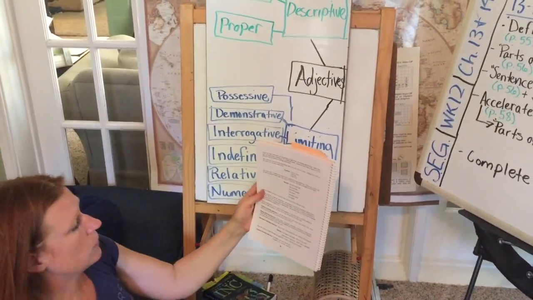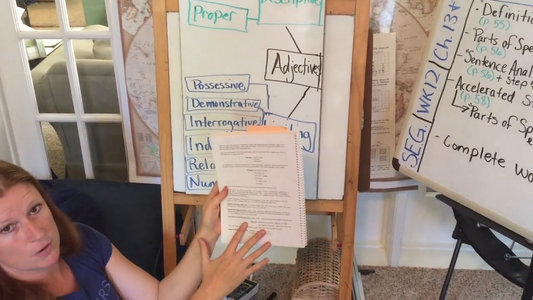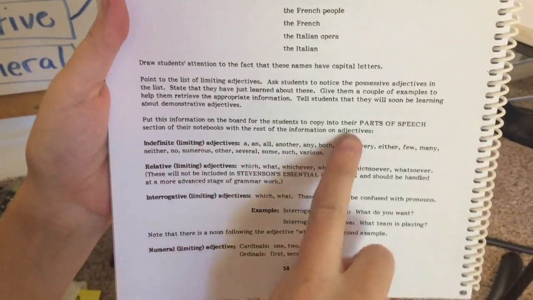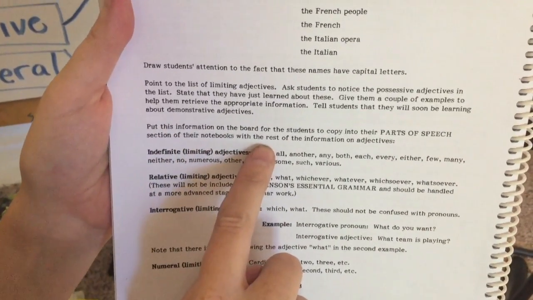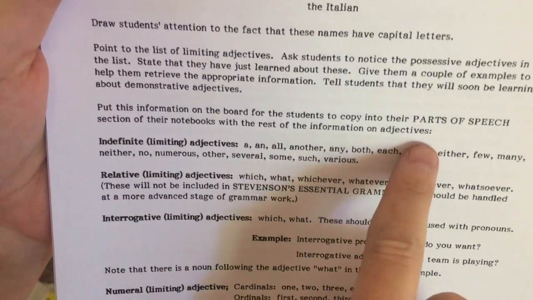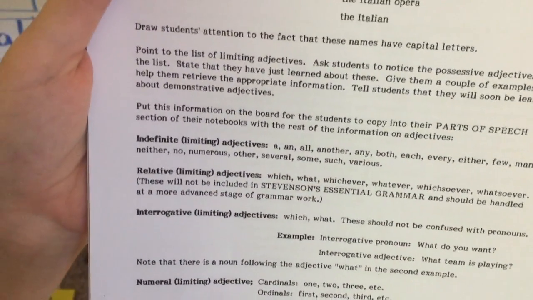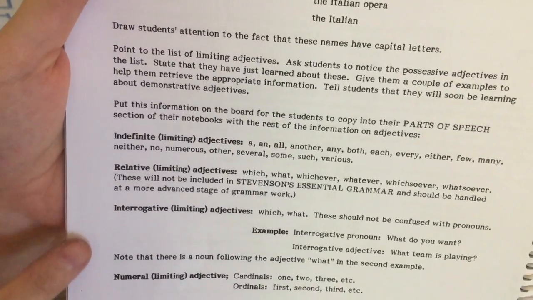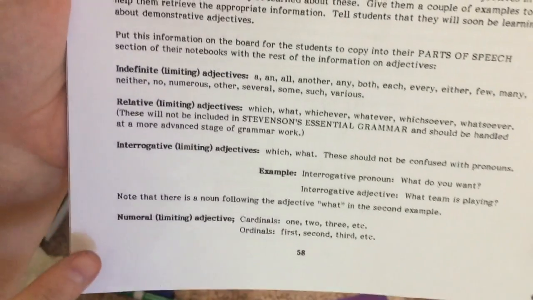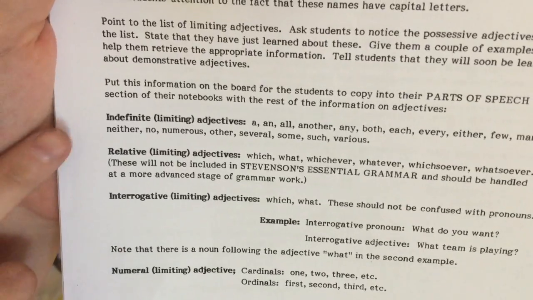I'm not going to write all of this down for you on the board right now, but on your parts of speech tab in your notebook, with the rest of the information you wrote about adjectives, on your adjective page, I want you to create these different categories for adjectives as well.